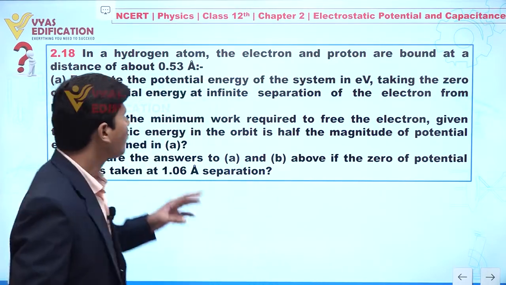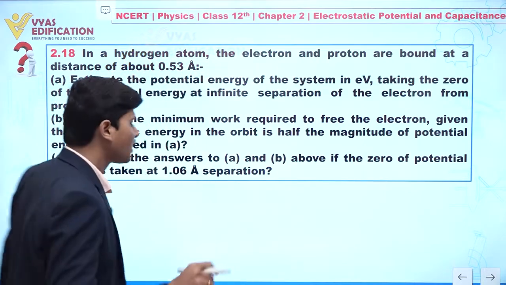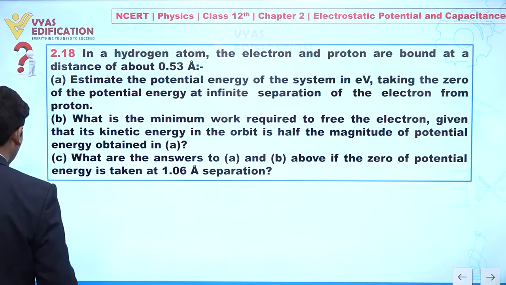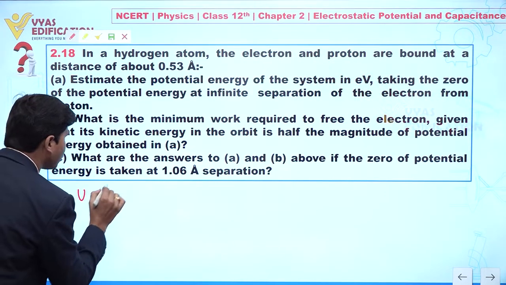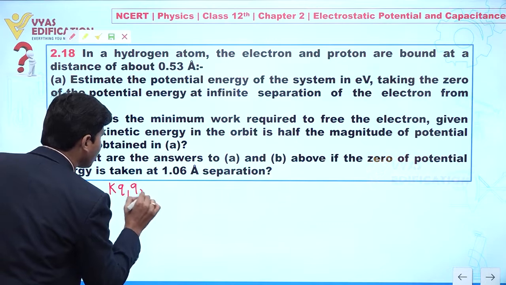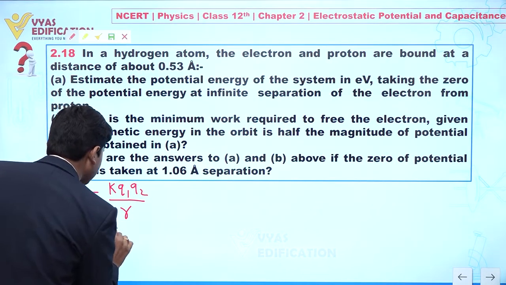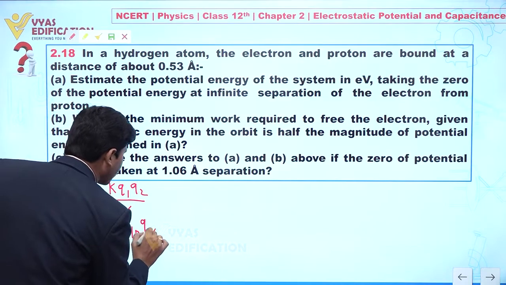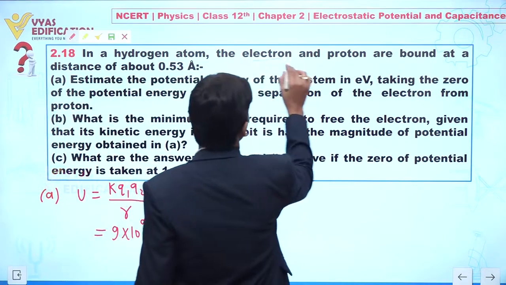Now in the first part we have to find the potential energy of the system in electron volt. Listen carefully. We know the potential energy expression: this is K Q1 Q2 upon R. The value of K is 9 into 10 to the power 9. Two charges are given, electron and proton.